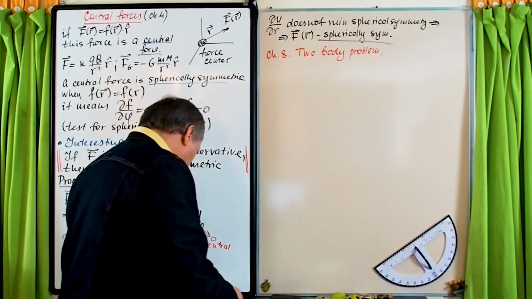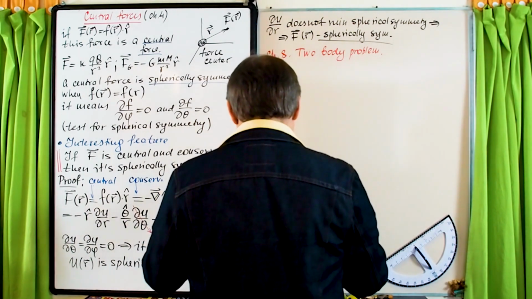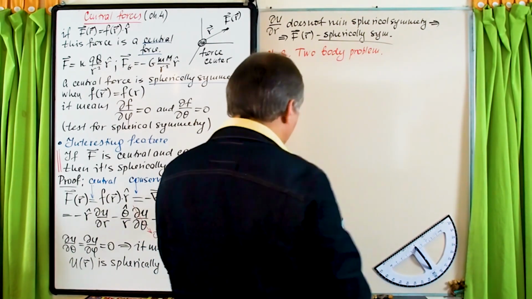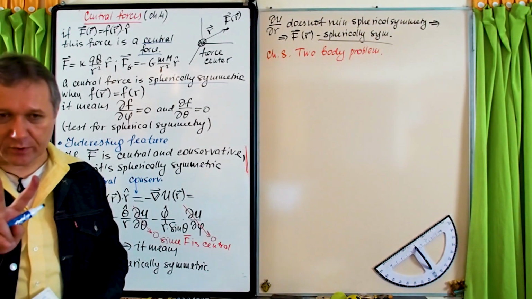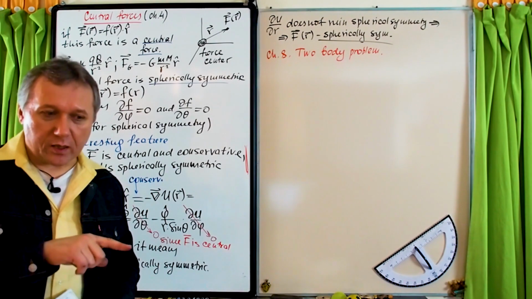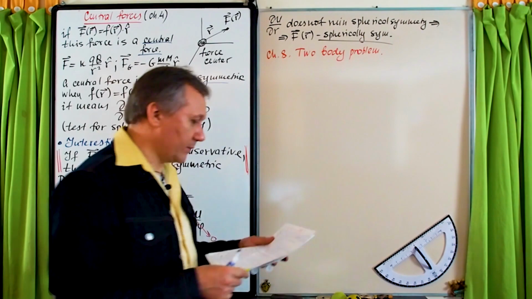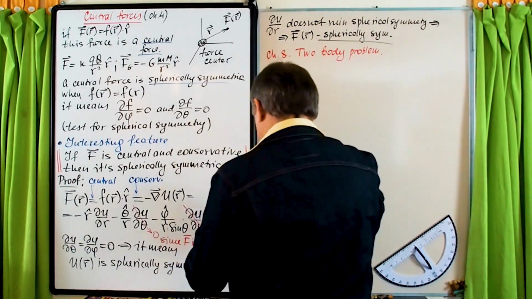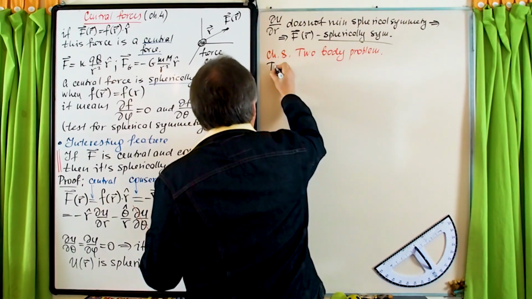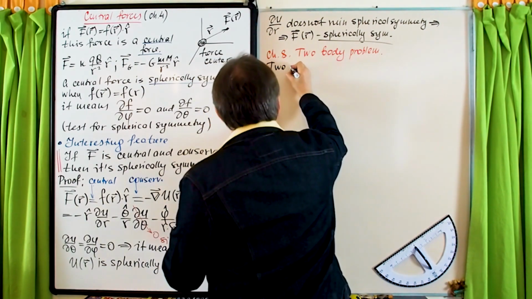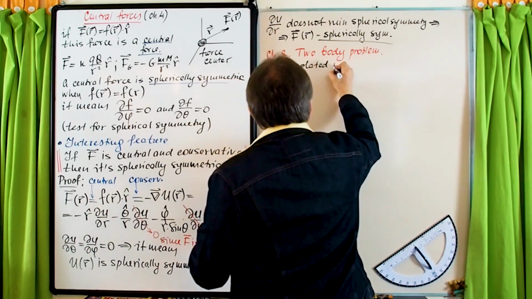Let me write that down. We have two isolated bodies moving under the influence of mutual central forces. We're going to make two assumptions: that the forces acting between the two objects are central and conservative. But first, let me write in general that we have two isolated objects.